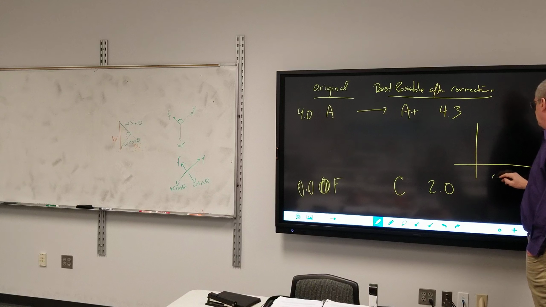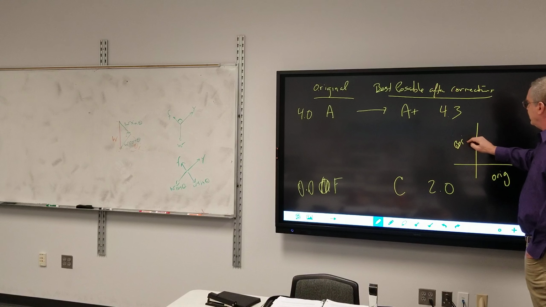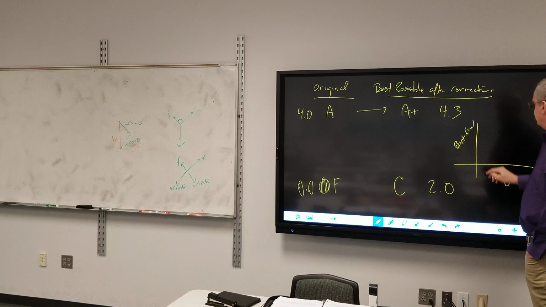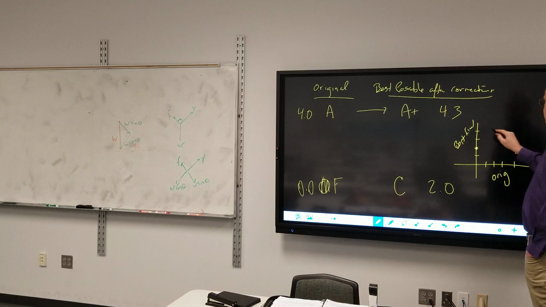So original grade, best final. In the original, if the original is a 0, it could be a 4. And then the 4 could be brought up to a 4.3, which would be out there.